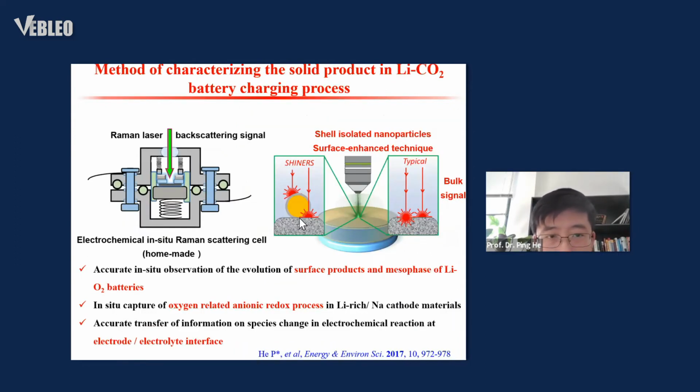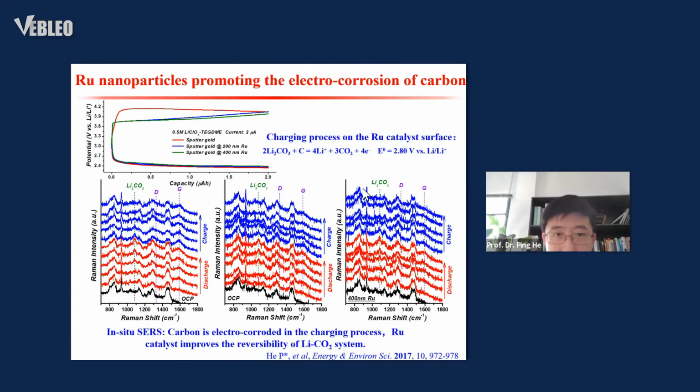So we will use another very important tool, the in situ Raman scattering. With this in situ Raman, we can do experiments on the cathode with ruthenium catalyst and without ruthenium catalyst. With the ruthenium catalyst, during the discharge and charge, we can see the G band peak.